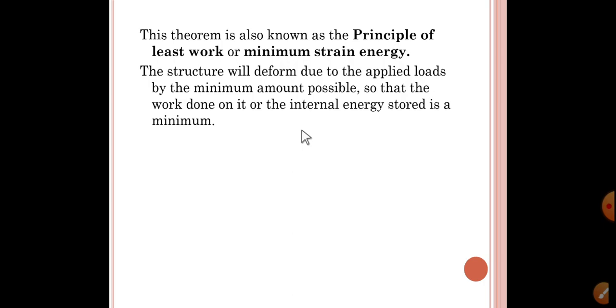In that case, we have the equation that the total strain energy and the partial derivative of that energy with respect to load is equal to 0, meaning delta is 0. Due to that equation, we will get some unknown reactions, right? And those unknown reactions are used to find the shear force and bending moment for the particular indeterminate structure.